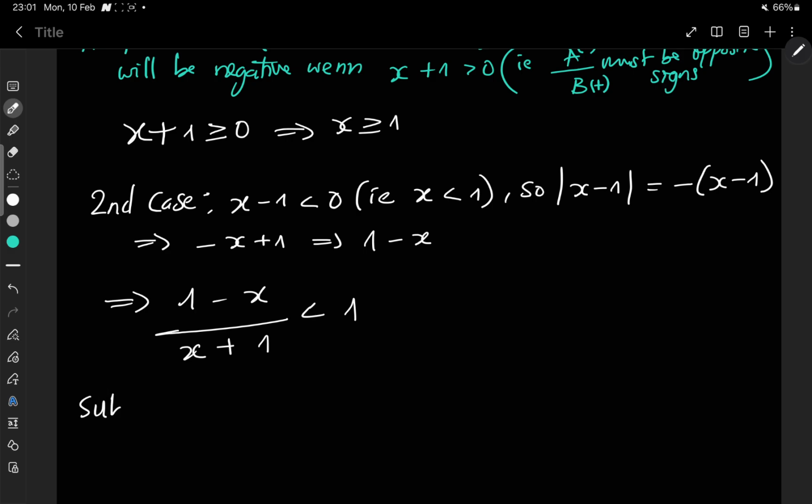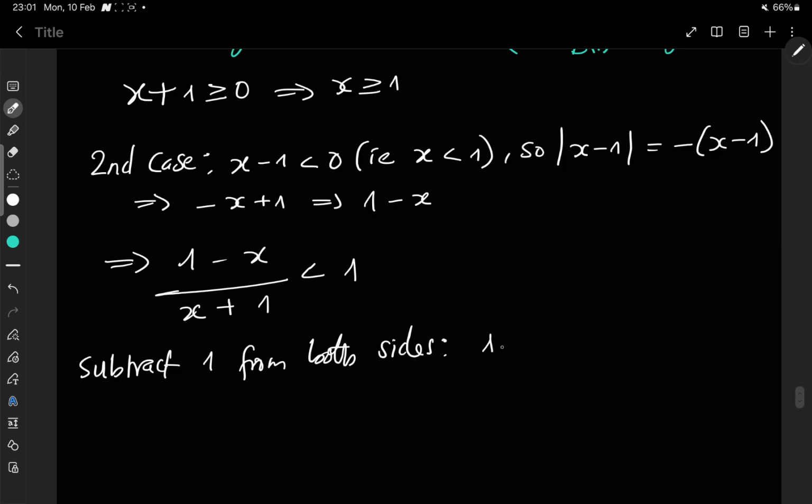So we're going to subtract 1 from both sides of the equation, so that we'll have 1 minus x over x plus 1 minus 1 is less than 1 minus 1.